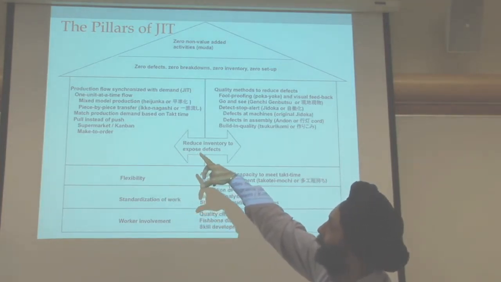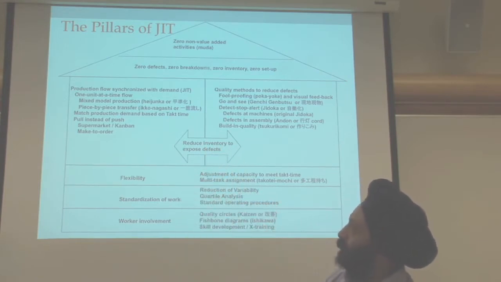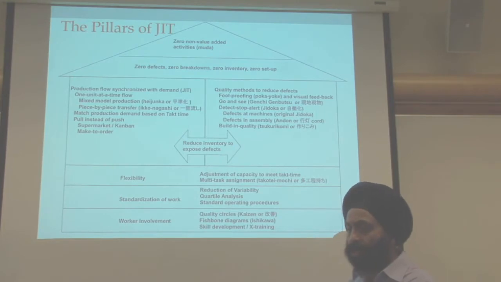Piece-by-piece transfer, ikonagashi as it's called in Japan, allows that as each unit is produced, it's moved to the next station.